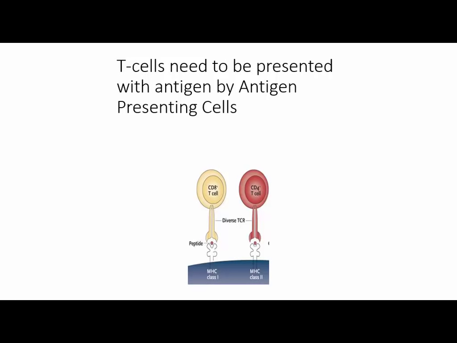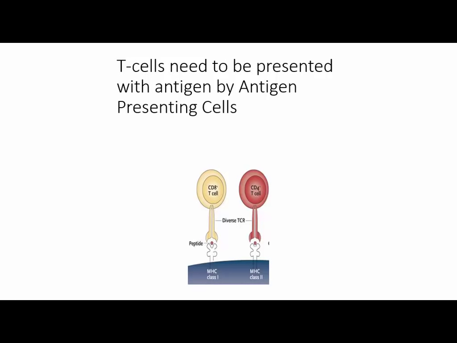Okay? Now, if it's an extracellular pathogen like a bacteria, what will happen is the bacterial antigen will be taken up by an antigen presenting cell, broken down, and the epitope will be attached to MHC2.